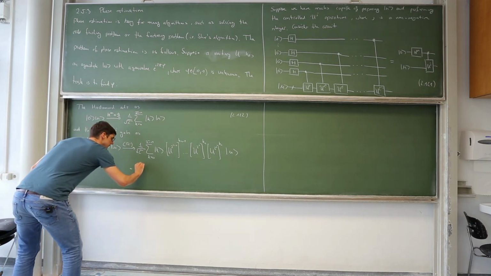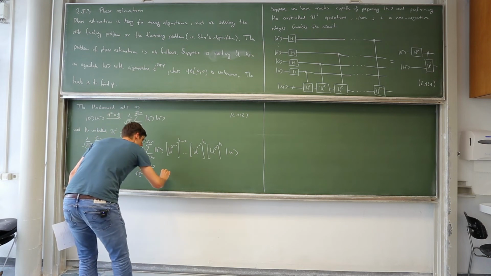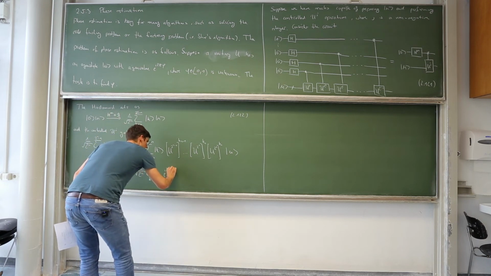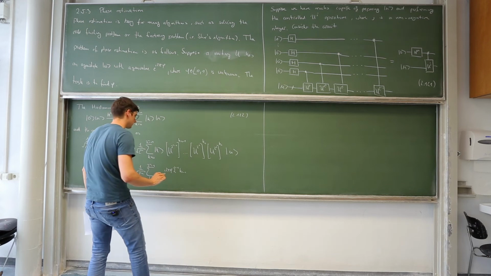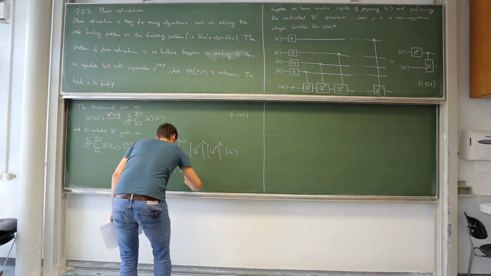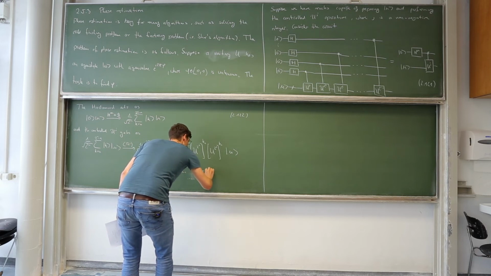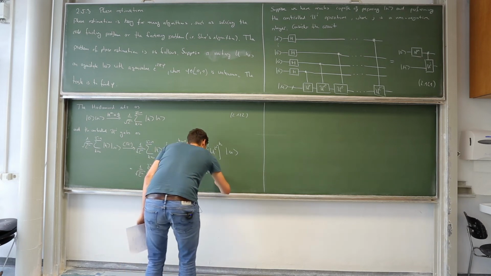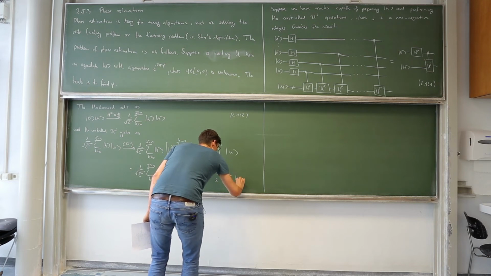So this gives us e^(i 2 pi phi 2^(n-1)) controlled by k_(n-1), and this e^(i 2 pi phi 2^1 k_1), and this e^(i 2 pi phi 2^0 k_0) u.